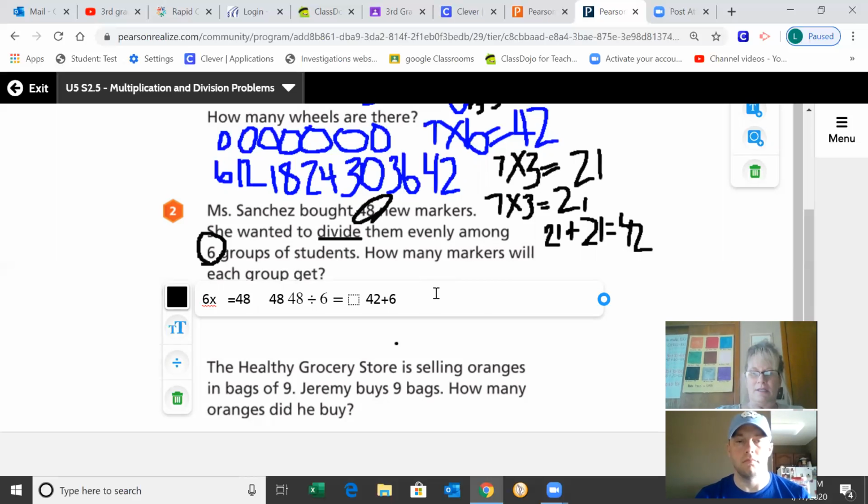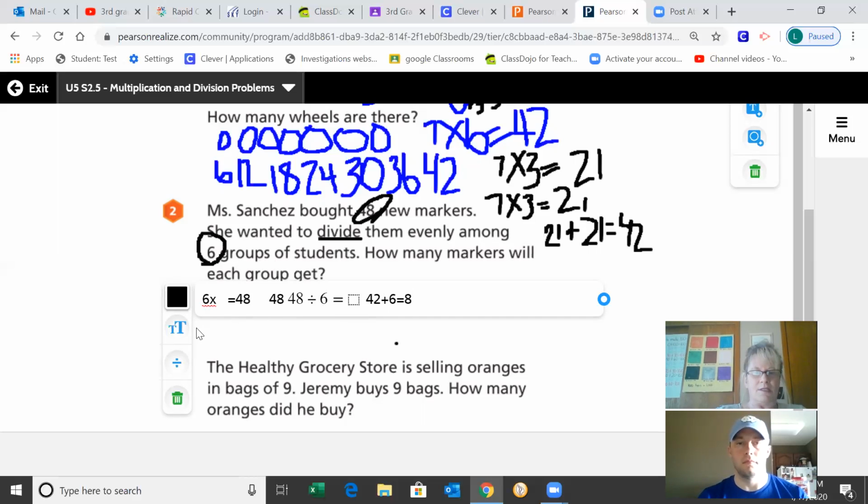Well, I wonder what that is. That equals 48. I took something that I knew because we worked on it. We skip counted, and so that's what they're trying to do, is they divided them into 6 groups. So 48 divided by 6 equals 8.